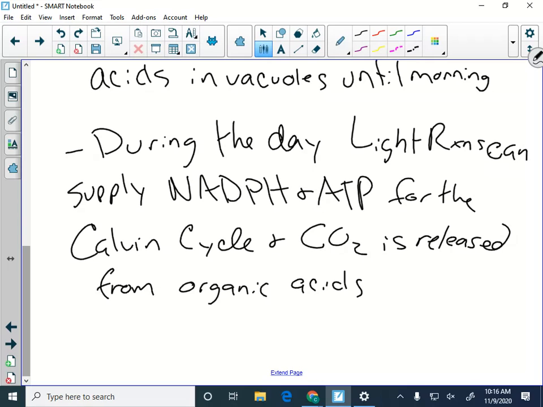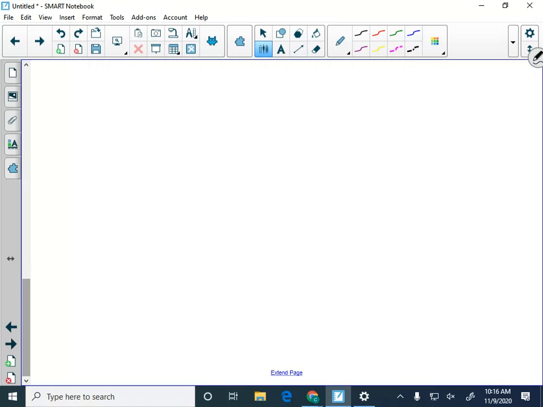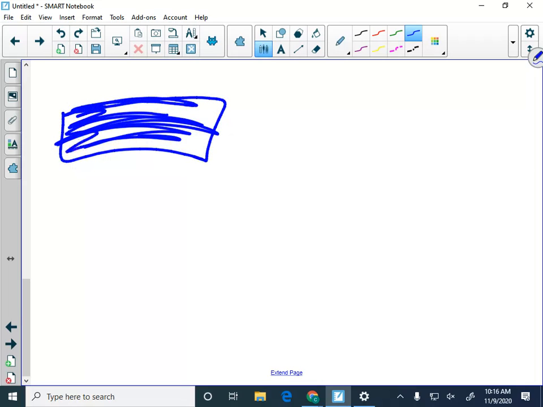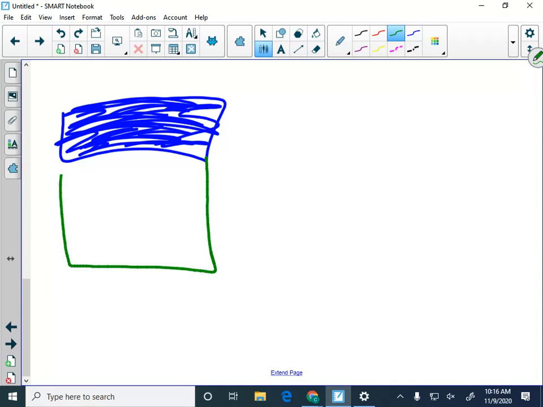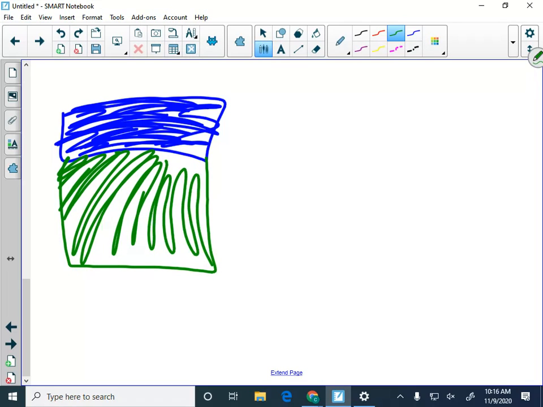I'll give you time tomorrow to fill out the exit ticket because there's not a lot of time left. But I wanted to show you this. We're just going to have these little colored boxes because I think it helps.